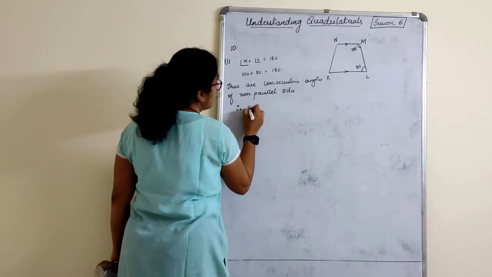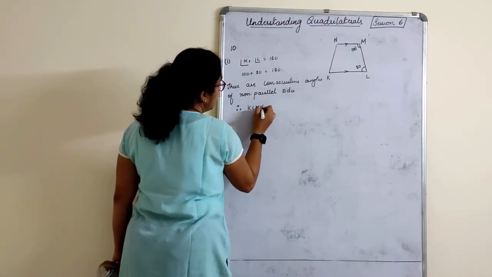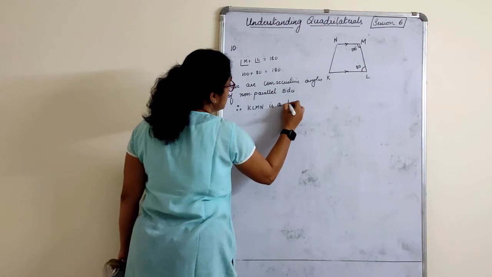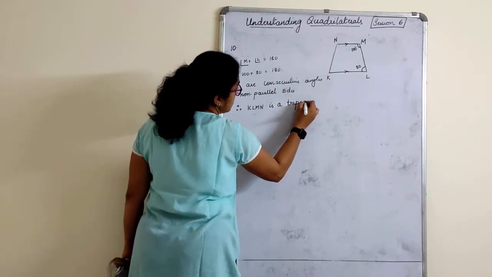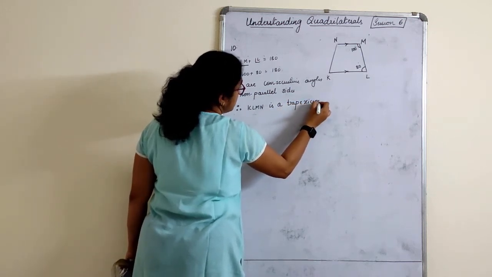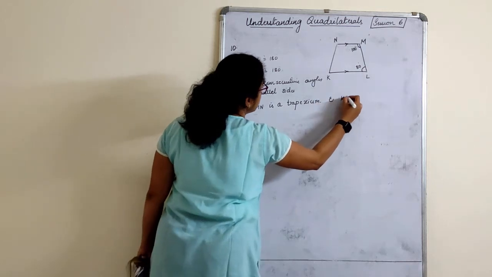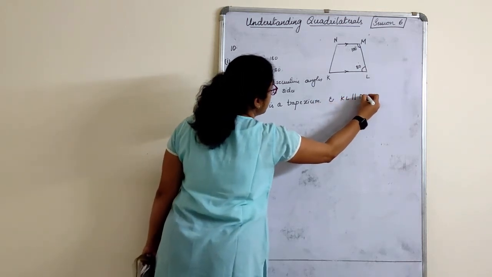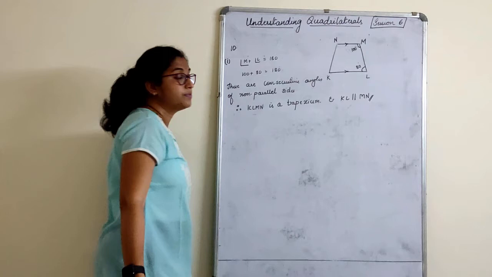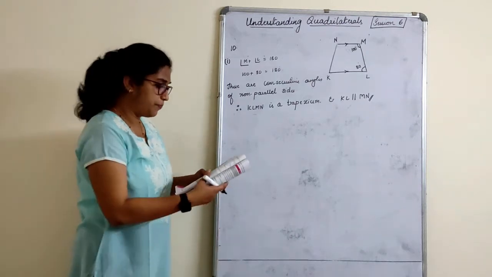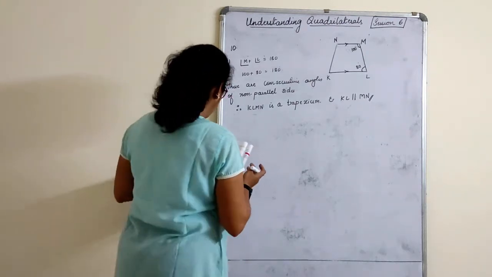Therefore, KLMN is a trapezium and KL is parallel to MN. Hence proved. That's all. Look at the next one.